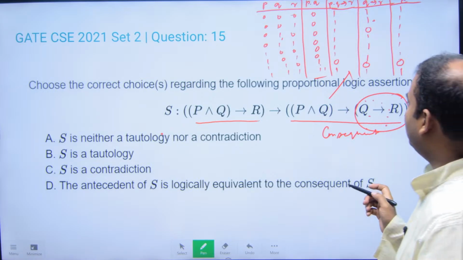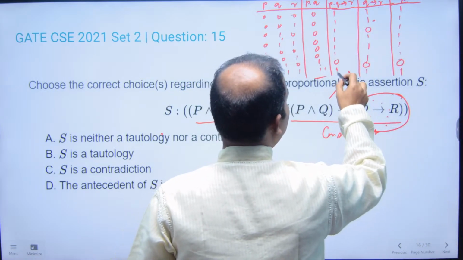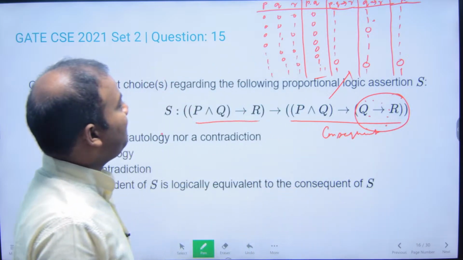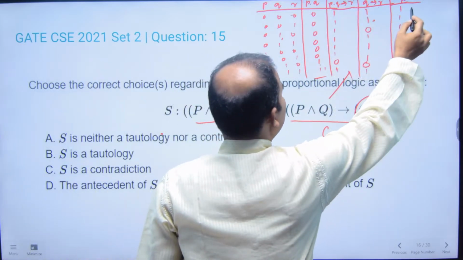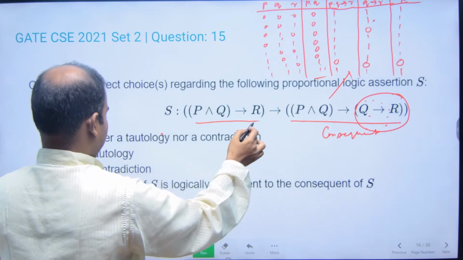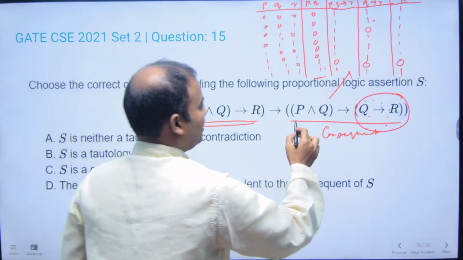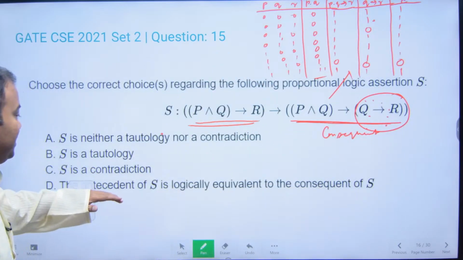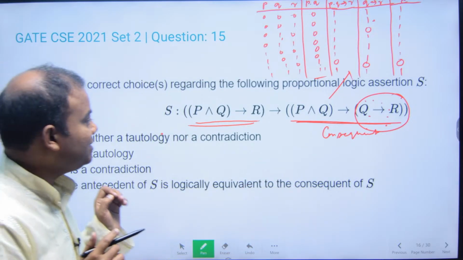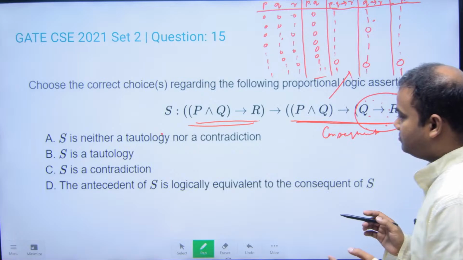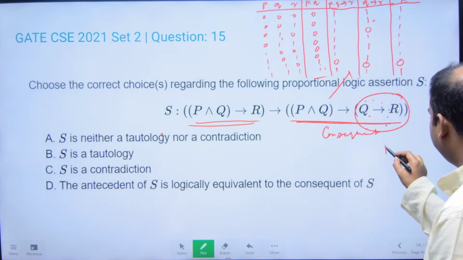So both are the same. This thing and this thing are the same. So antecedent and consequent are both the same. Now if antecedent and consequent are both the same, it means what?